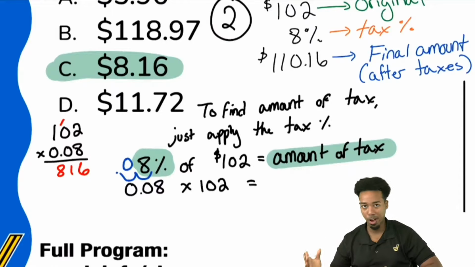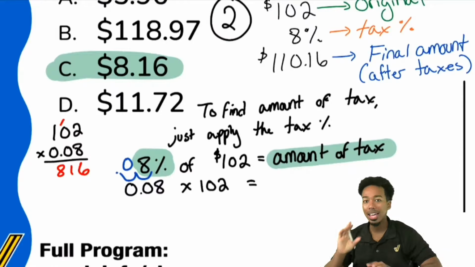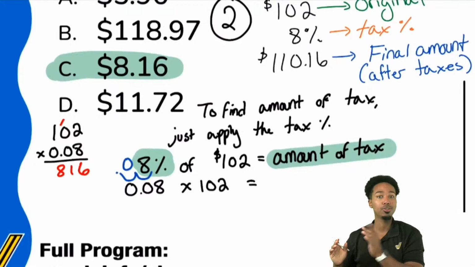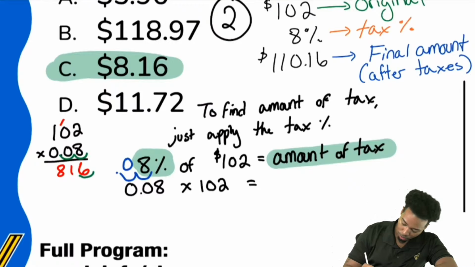But there could be a problem with 1, could be a 1 with 3, could be a problem with 4. That is something you really want to pay attention to so you don't get confused, okay? So here we have 8.16, which is going to be $8.16.